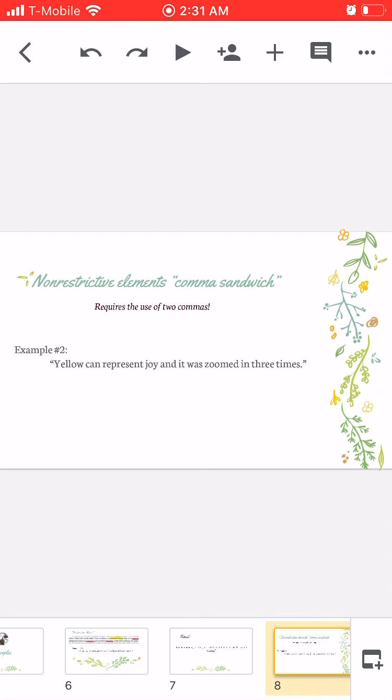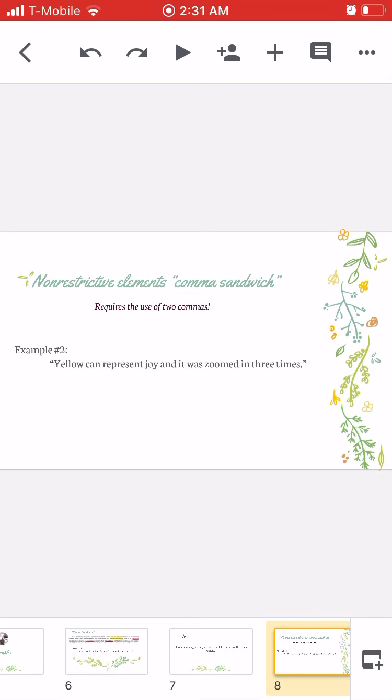So you're probably thinking, well, there is no logical idea, because doesn't it all connect to the subject yellow? Well, no, because one is representing the color yellow and the other one is saying what is being done to the color yellow.